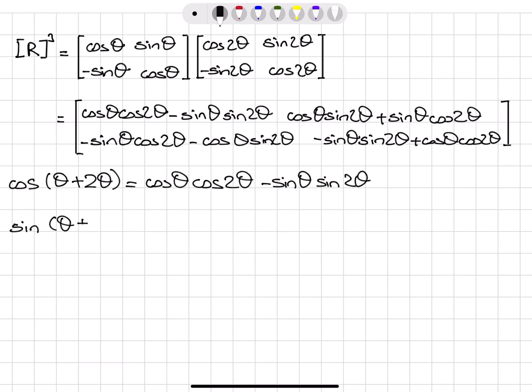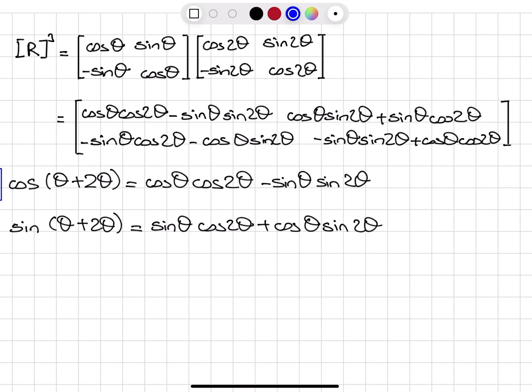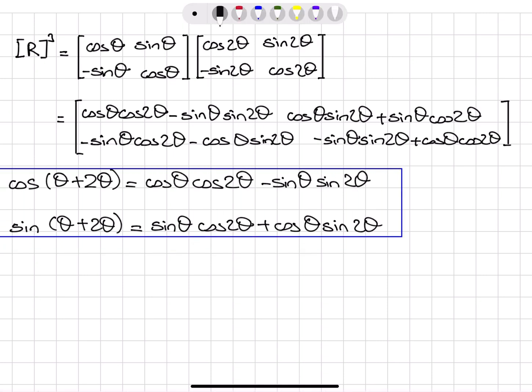Sine of theta plus 2 theta is sine theta cosine 2 theta plus cosine theta sine 2 theta. So we recall this trigonometric identity, and we can use it to write the rotation matrix cube.